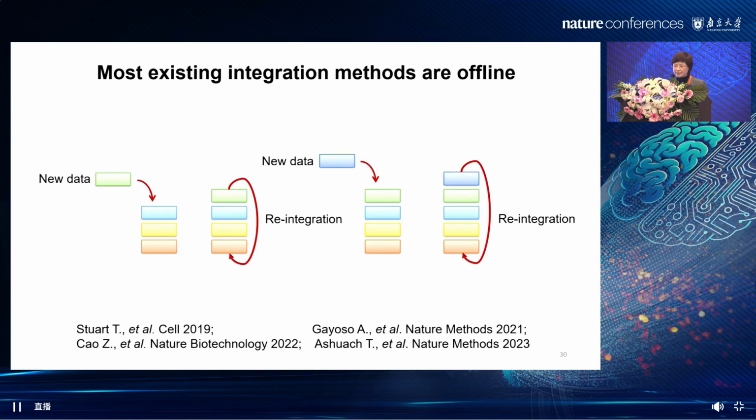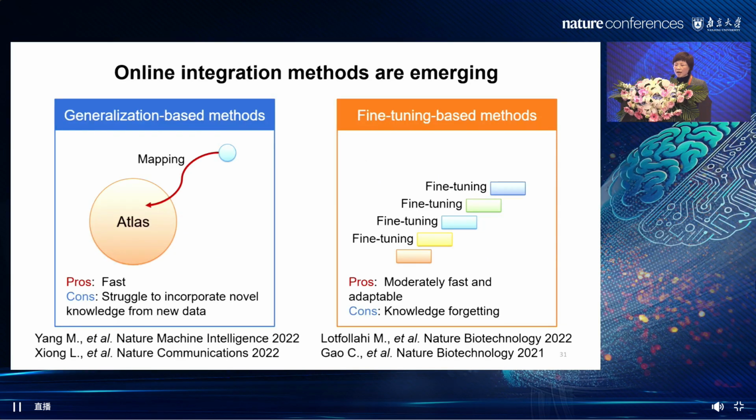Most existing integration methods operate offline. This means whenever new data arrives, you have to reintegrate the entire collection of old and new data from scratch. As datasets grow, this becomes computationally prohibitive and hinders timely updates. Online integration methods are emerging to tackle this. The methods are categorized into 2 types, that is, generalization-based methods and fine-tune-based methods.